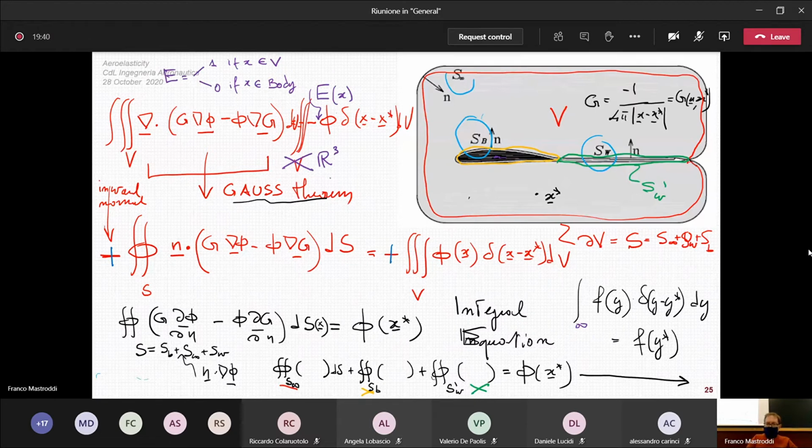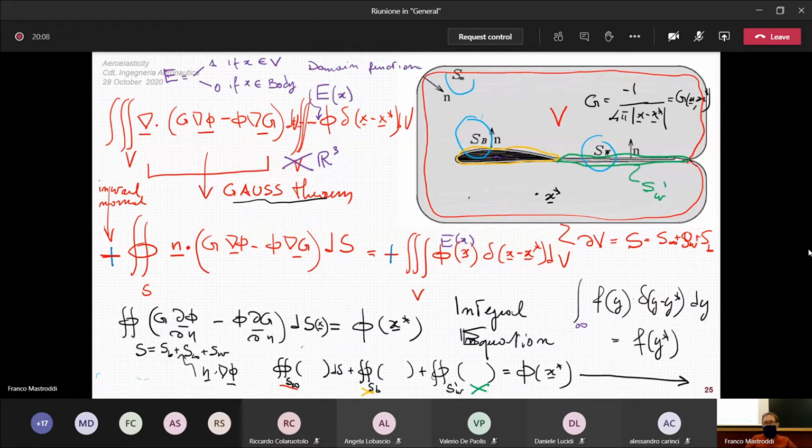Okay, so here correctly we can say this, and therefore here we have E of x multiplying. This is also known as domain function.